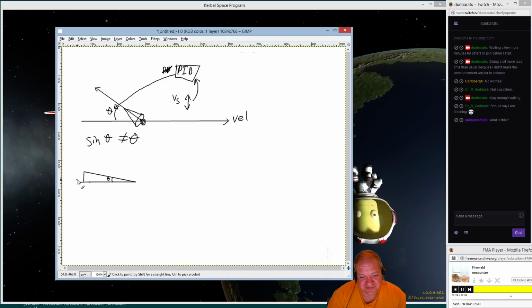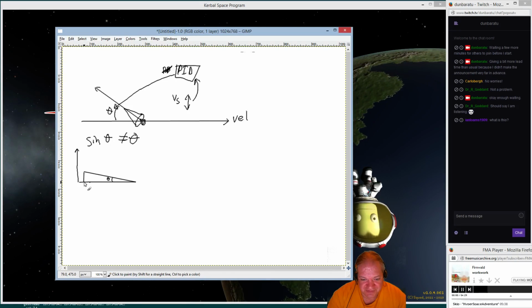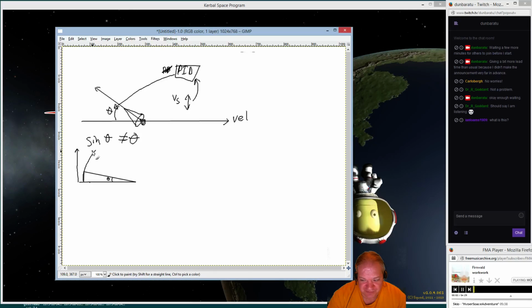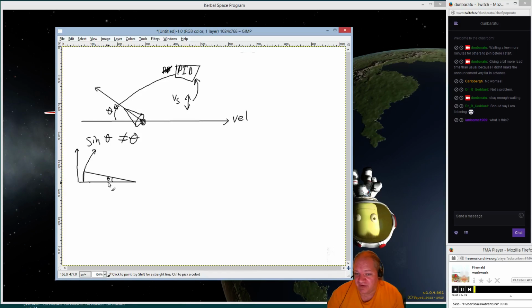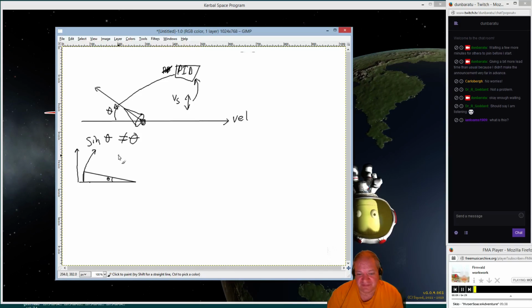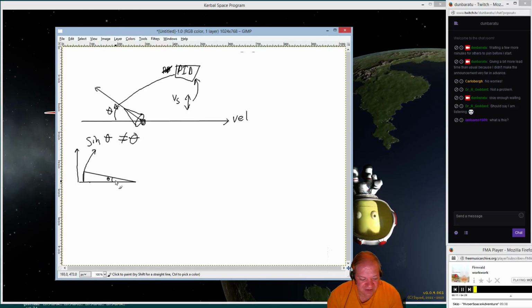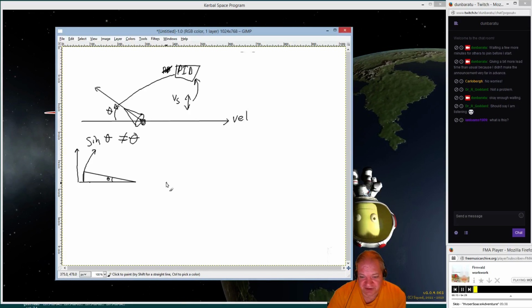What you're saying is that the distance here, vertical, and the distance around the circumference of the turn aren't all that different when the angle is very small. So in this case, you can treat them as if they're kind of the same thing. But that stops working once you get up to bigger angles.